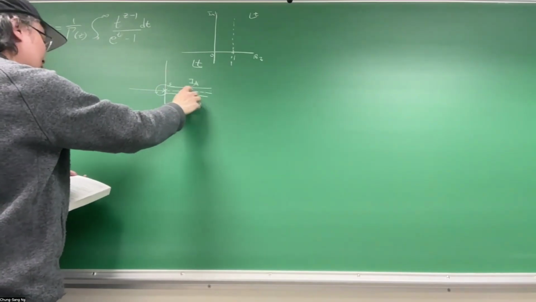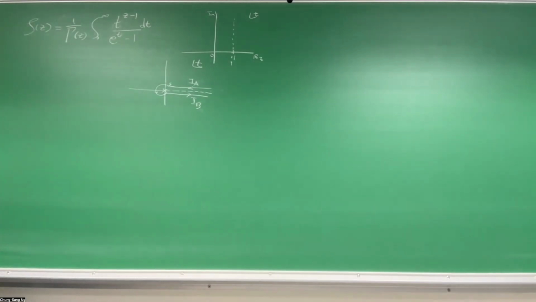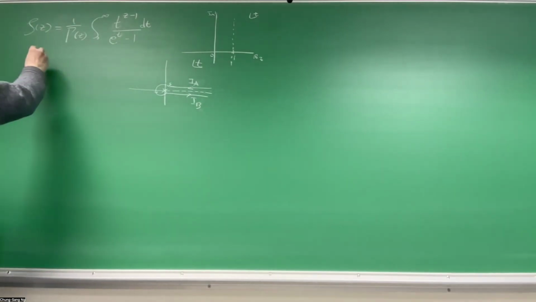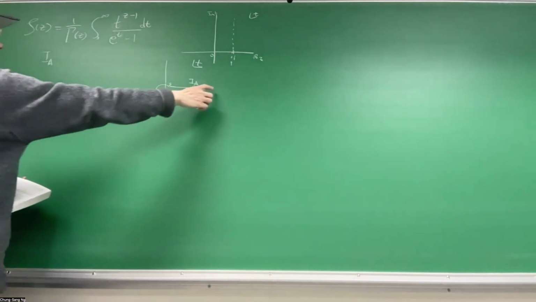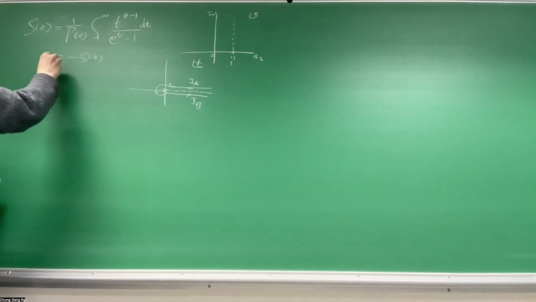I sub B is epsilon to infinity. So I sub A, because of the opposite sign, is just minus the zeta function.